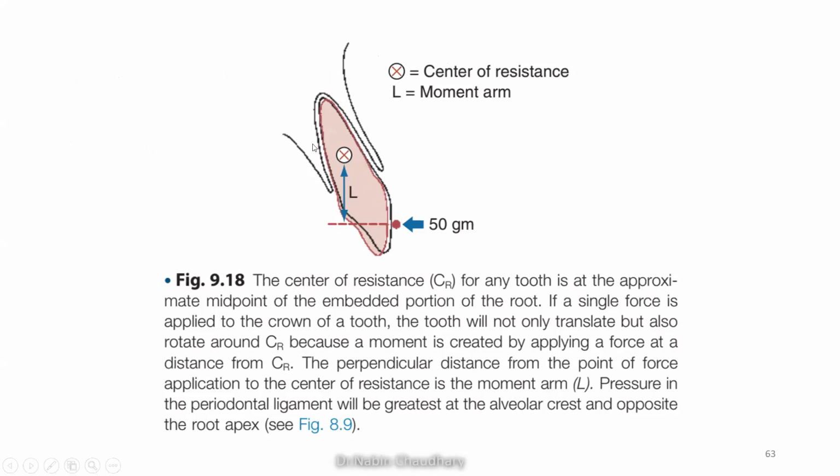For example, when palatal root torque is required, we can place an attachment in the gingival aspect of the labial surface, and we can place another force in the incisal aspect of the palatal surface. In this way, we can provide sufficient torque to the tooth.